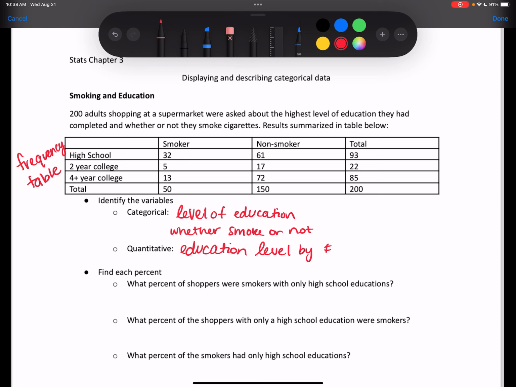This is one I would have just labeled as categorical, but the way they're laid out from the book is that would be the quantitative part. That's because we can measure it numerically, like the quantity of years that they've been in school.